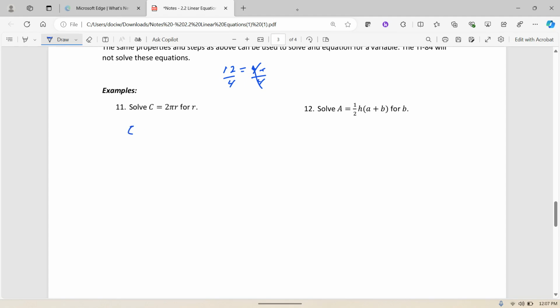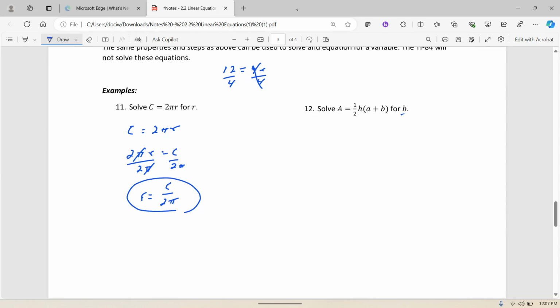If I have C equals 2 pi r, or 2 pi r equals C, to solve for r, I'm going to simply divide by the 2 pi so that I can get the r by itself. And r will equal C divided by 2 pi. I don't have a numerical solution, but that's okay. I solved the equation for r.